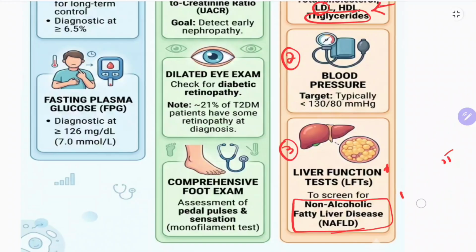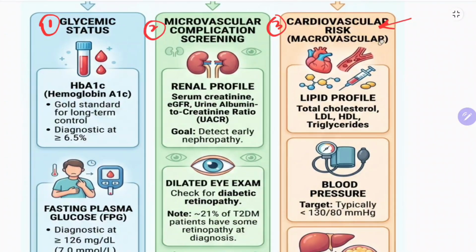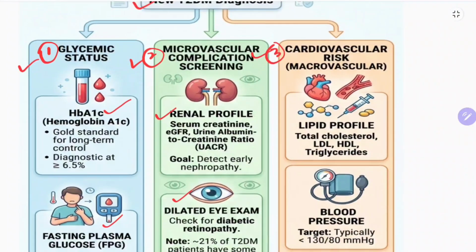Just to summarize, our main goal is to know the glycemic status, the microvascular complications at presentation, and the macrovascular. For glycemic status, we will do HbA1c and fasting plasma glucose. For microvascular complications, we will have baseline renal function tests, dilated eye examination, and comprehensive foot examination.